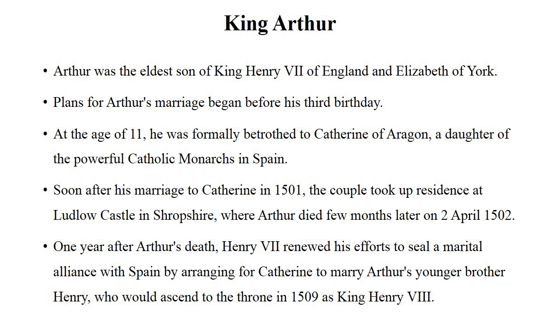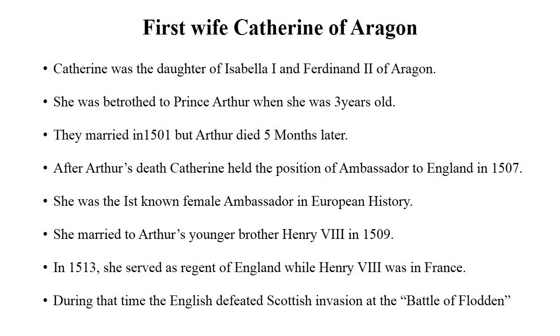He made renewed efforts to seal a marital alliance with Spain, to arrange for Catherine of Aragon to marry his younger son, that is Henry, who would ascend to the throne in 1509 as King Henry VIII. Henry VIII ruled England from 1509 to 1547.